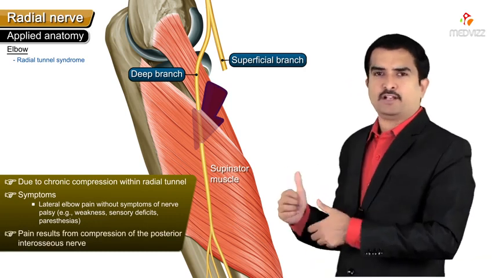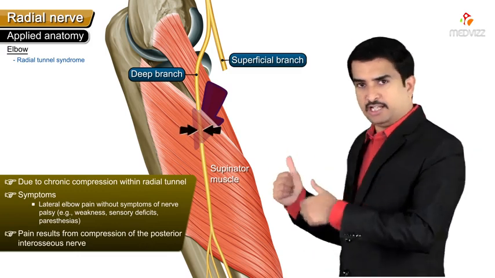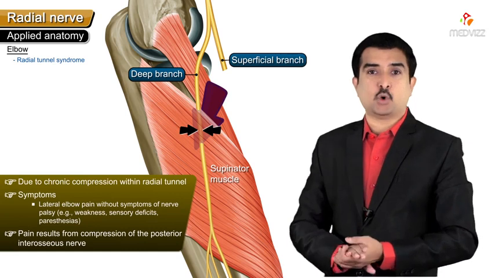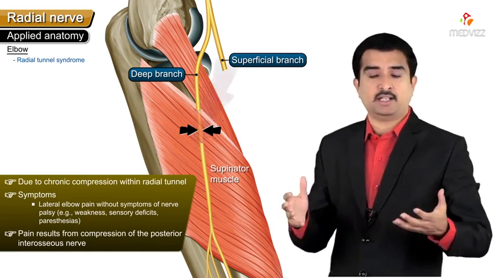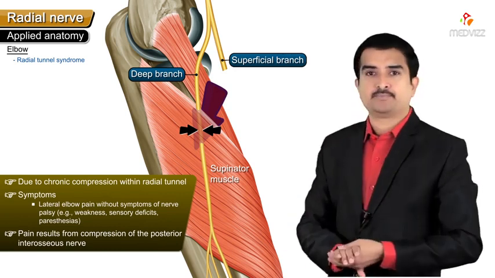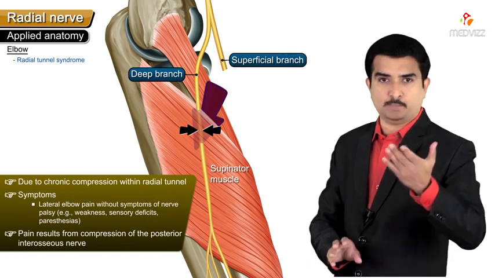The pain often results from compression of the posterior interosseous nerve within the radial tunnel. We know what a radial tunnel is; we already discussed it in the course of the radial nerve. It is an anatomical space on the lateral aspect of the elbow that extends from the radial head to the distal margin of the supinator muscle.